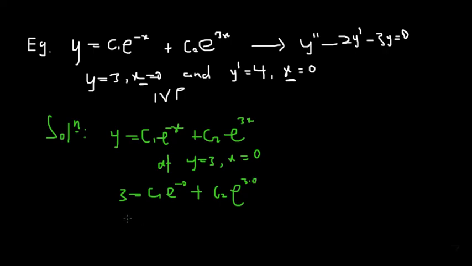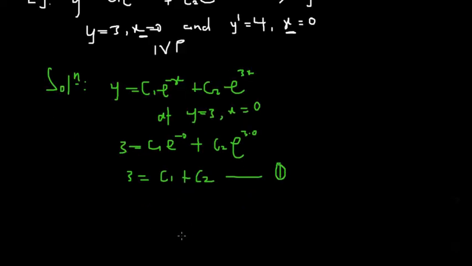In simple form we could write 3 equals c1 plus c2, because e exponent 0 is 1. So that's our first equation, equation 1.